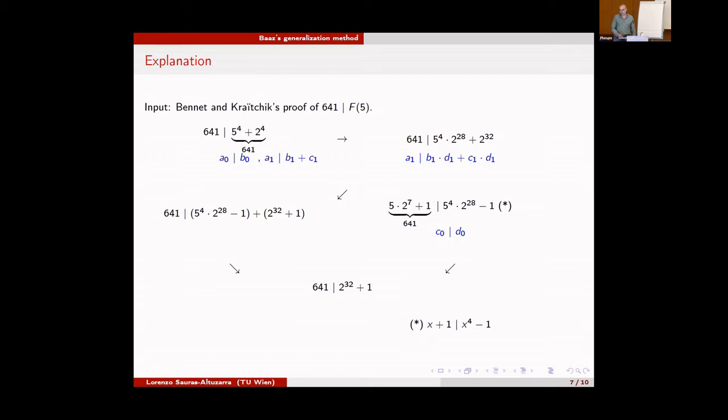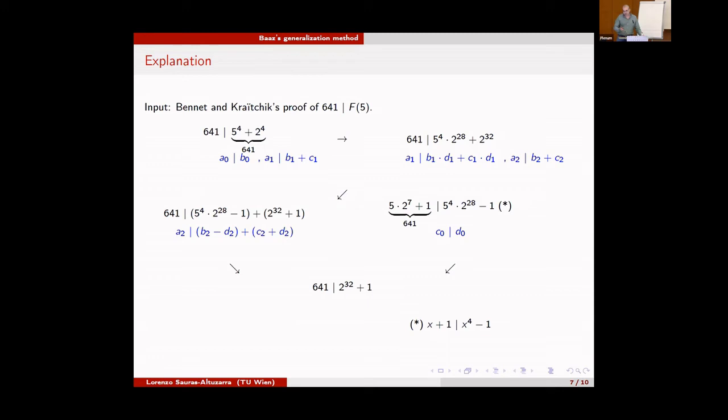So we put A1 divides B1 plus C1, and I1 divides B1 D1 plus C1 D1. Okay, the next one, we added and deleted a quantity. So we express it like this.